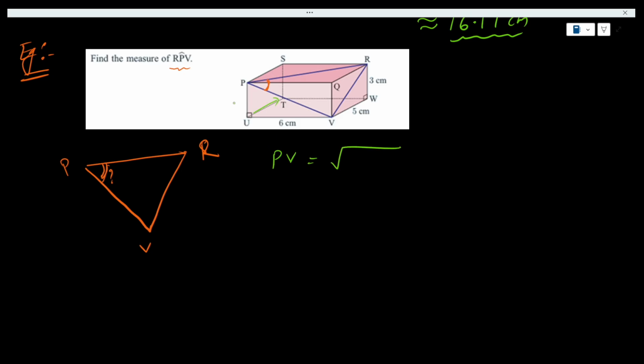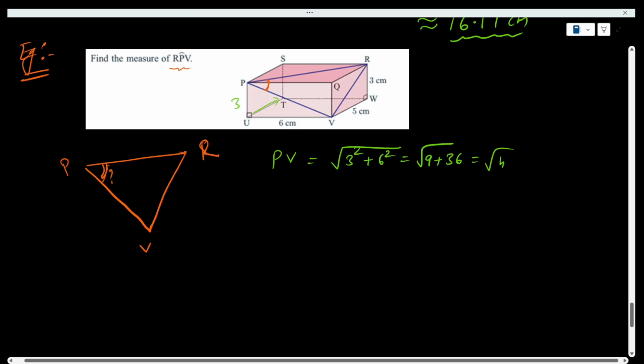So we can take it here root. What is this opposite side? Height is 3. So it can be taken as 3 square plus 6 square, which is 9 plus 36, it is going to be root 45 centimeter, right?